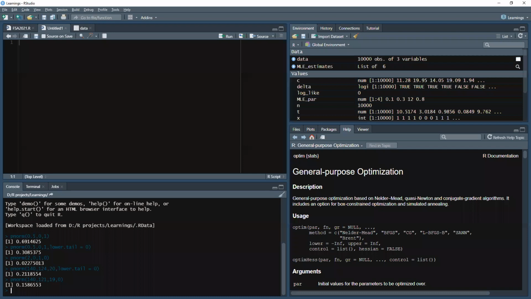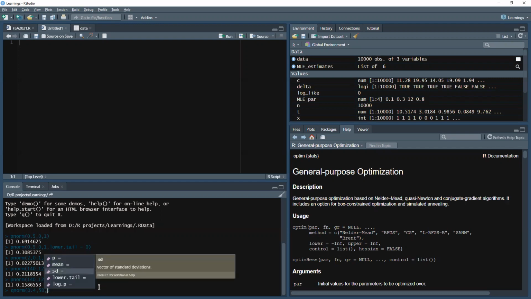In RStudio, when you are working with the inverse of your CDF, you always start with q, which is also known as the quantile function, which is going to give us values of points that correspond to certain quantiles. So qnorm, we need the 40th percentile, so 0.4, mean was equal to 50, and standard deviation was equal to 5. So for sd, 5.